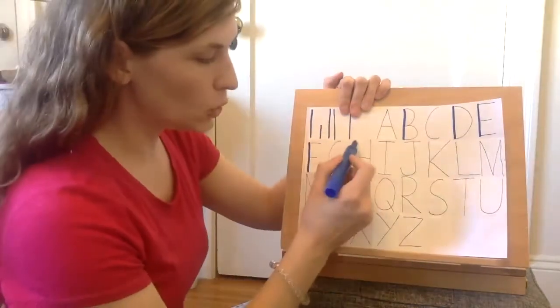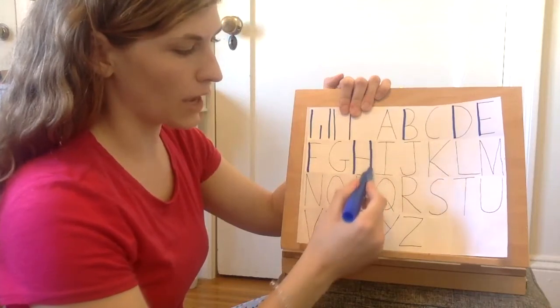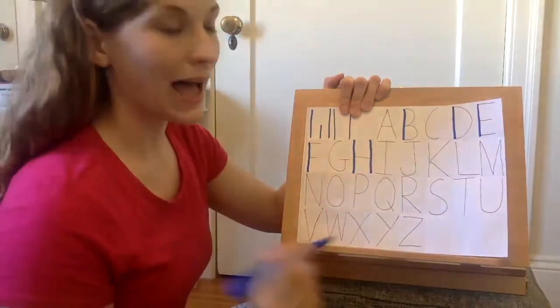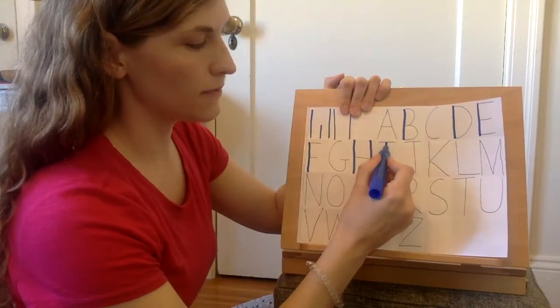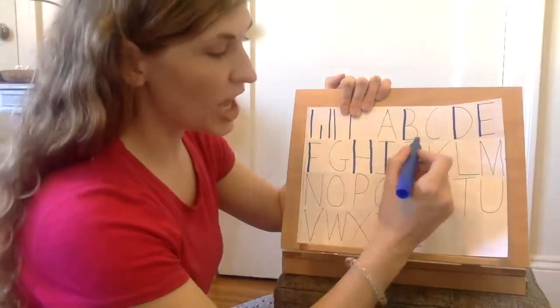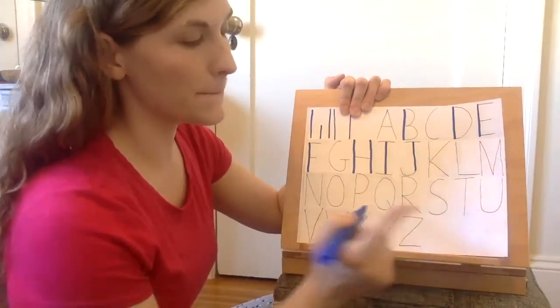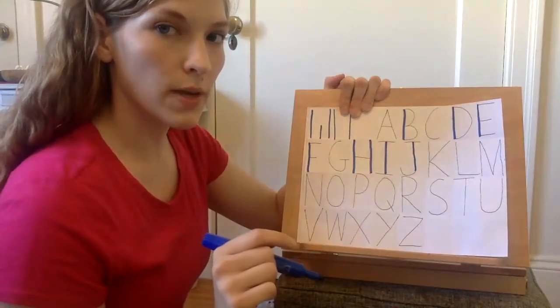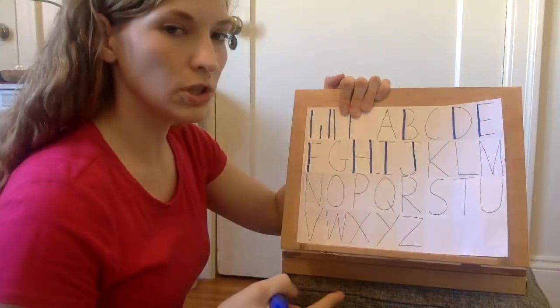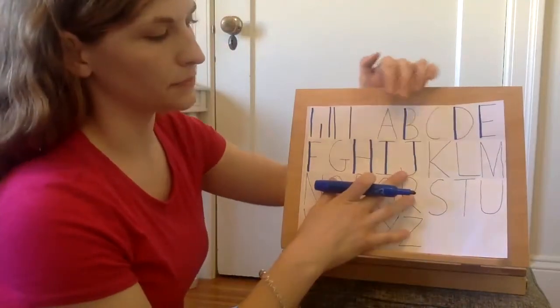H has two big lines down, on the left and on the right, while I has only one vertical line right in the middle of the writing space. J has a vertical line that goes from top almost to the bottom, but it doesn't actually go all the way to the baseline because J curves at the bottom, so the curved part touches the baseline.